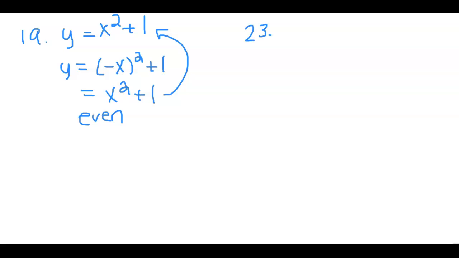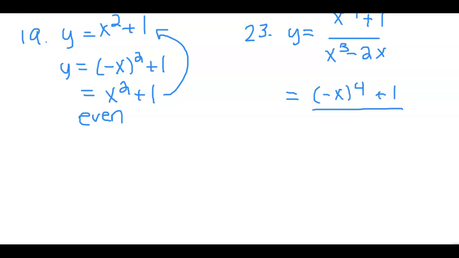Something like 23, where you have y equals x to the 4th plus 1 over x cubed minus 2x. Once again, plugging in the negative x, you get negative x to the 4th plus 1 all over negative x cubed minus 2 times negative x.